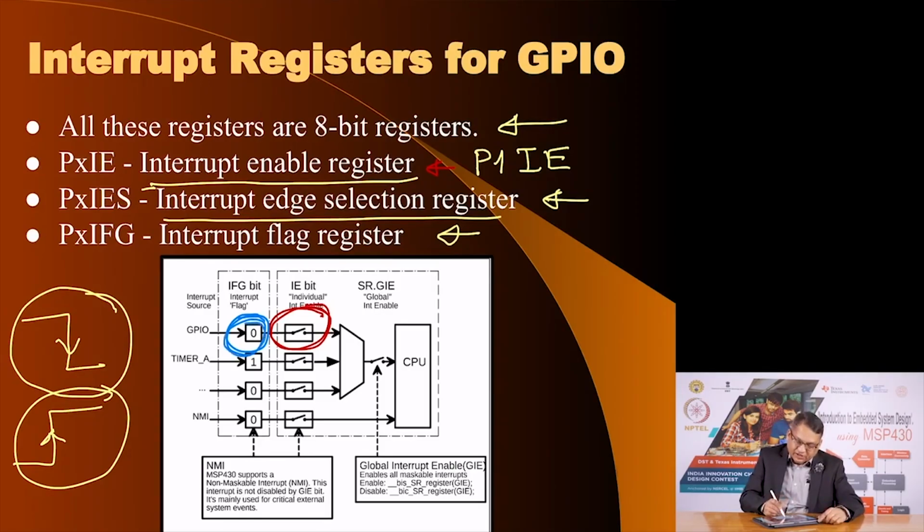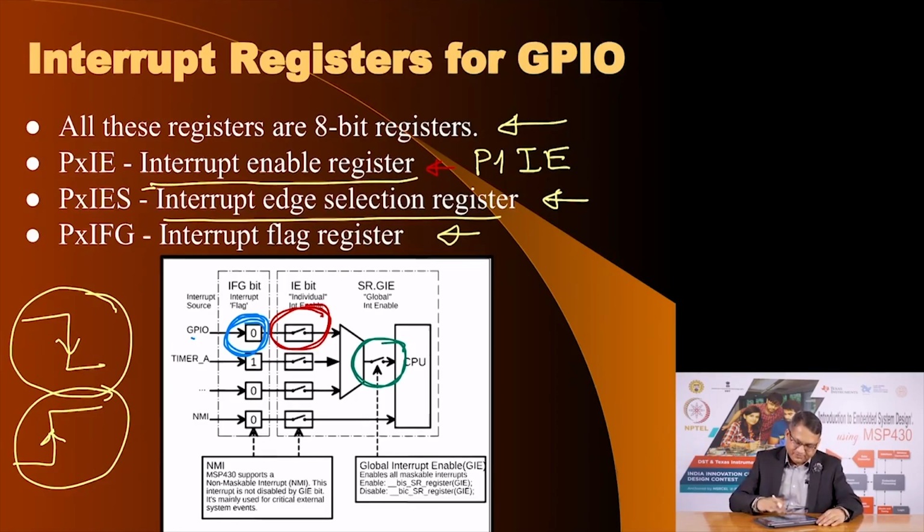If that is 1 and if this switch which is represented by that red circle is closed, then only it would generate an interrupt, provided this master switch, let me color it in a third color, is also turned on, and that is by a flag called global interrupt enable flag, and it can be enabled in various ways. It can also be disabled, and we will see two methods of controlling this flag in a program subsequently. So, to reiterate, we have 3 registers that we must manipulate so as to handle interrupts on the input output pins of MSP430 microcontroller.